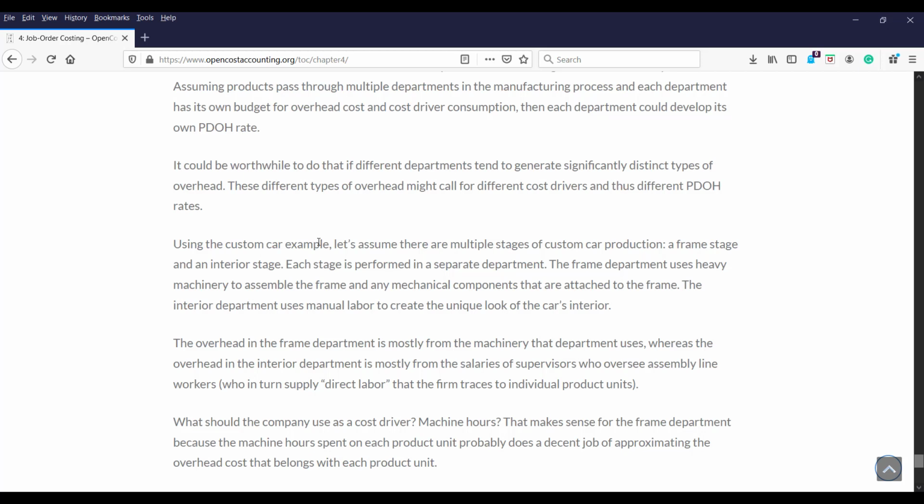There are ultimately multiple cost drivers you can use, which are, one, traceable to individual product units, and two, reasonably approximating the relationship between overhead and the cost responsibility for overhead in individual product units. And so each department, perhaps in some settings, will want to choose a different cost driver for its overhead costs because of how its department's relationship between overhead and individual product units stacks up.